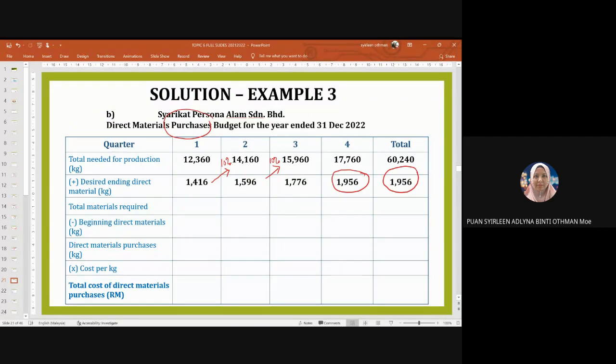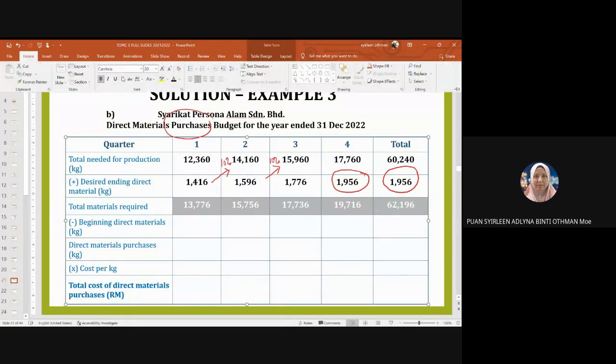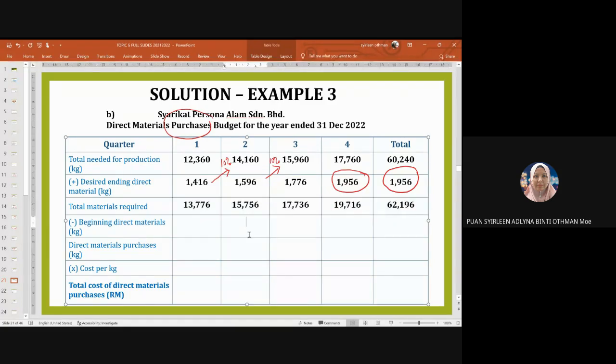Alright, and then kita dah tambah. Macam biasa, tambahlah. Okay, so you dapat total materials required. Berapa bahan mentah yang diperlukan in kg. Okay, and then kita akan minus dengan beginning inventory. Alright, beginning inventory.